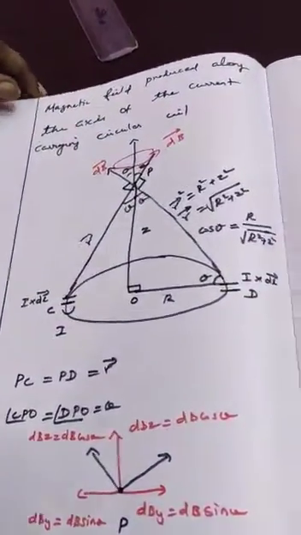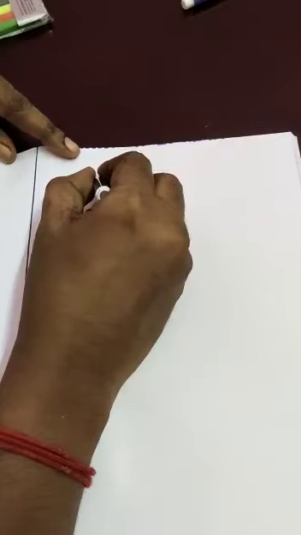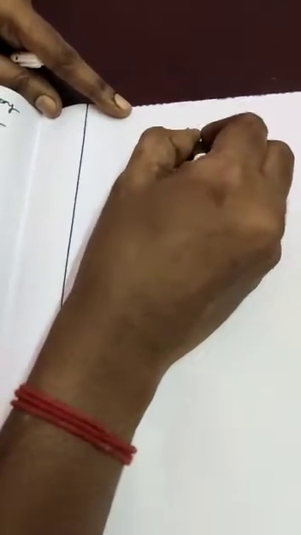So to find the magnetic field at point P, we are going to use the Biot-Savart law. dB vector is equal to mu naught divided by 4 pi, I dl cross r cap divided by r square, which is the expression for the Biot-Savart law.